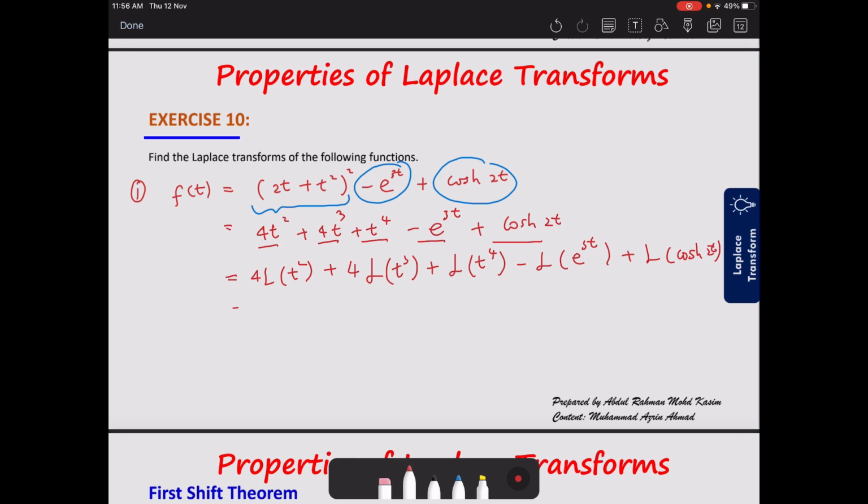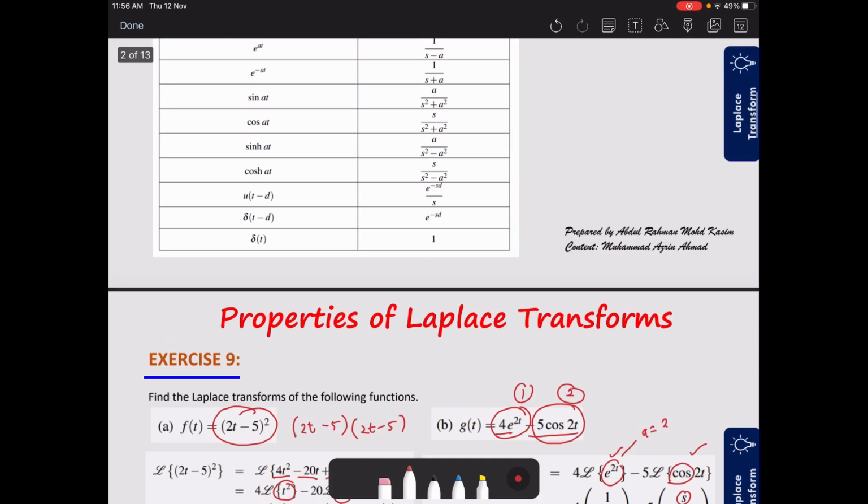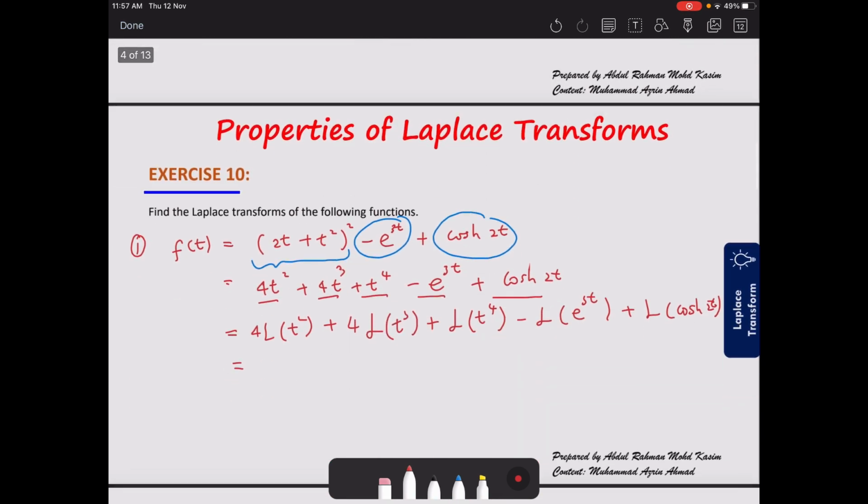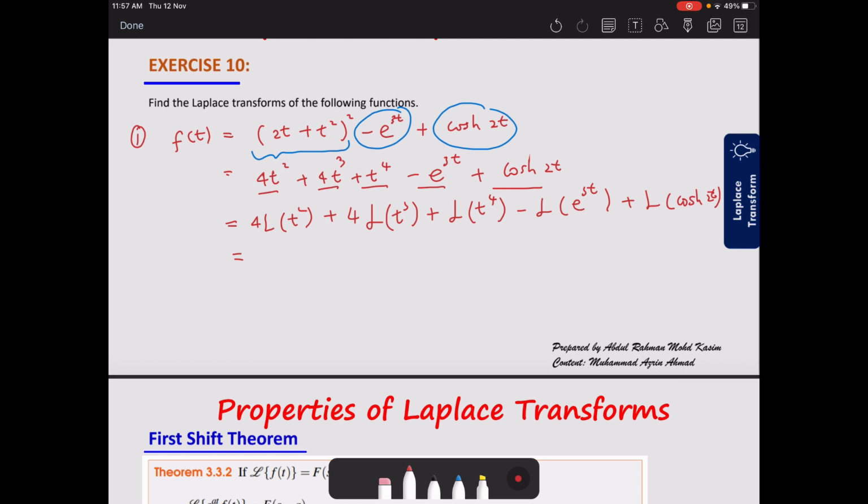By referring to the table, which table do you need to refer to here? This table can be found in the formula book, and in your assessment it will be given to you. For the first one, it only has t to the power of 2, and 4 is a constant, so you will have 2 factorial over s power of 2 plus 1, which is 3.